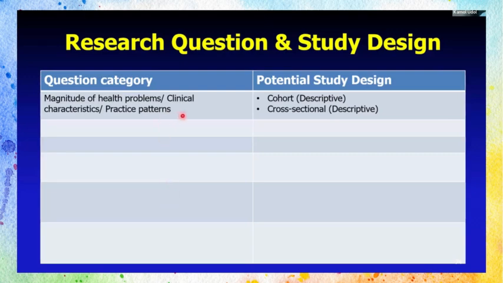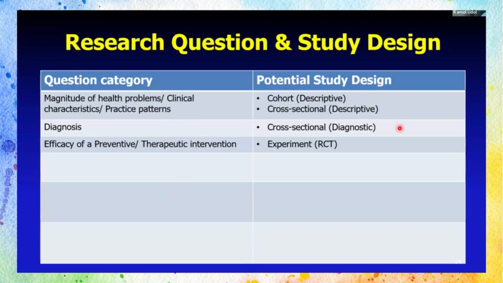If you have a research question regarding the magnitude of health problems, clinical characteristics, or practice patterns, group 1, the most appropriate design would be a descriptive cohort or descriptive cross-sectional study. If you have a question regarding diagnosis, the most appropriate design would be a cross-sectional diagnostic study.